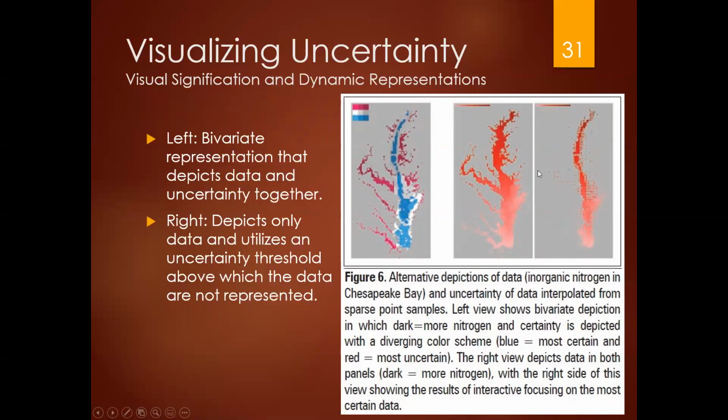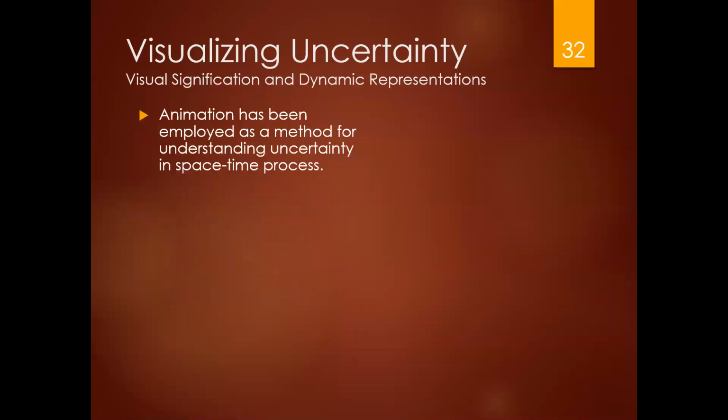Interactive geovisualization shows data and uncertainty through interaction. You need to assign a threshold and use that threshold to decide which part of the map you want to show and which part you don't want to show.